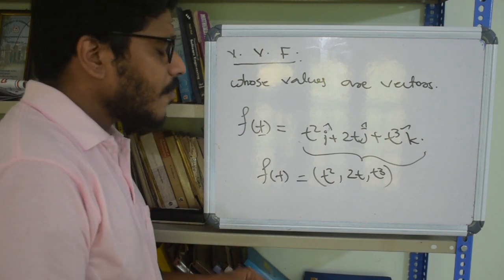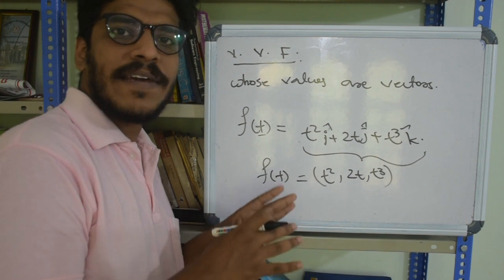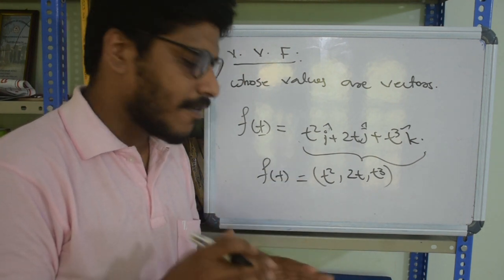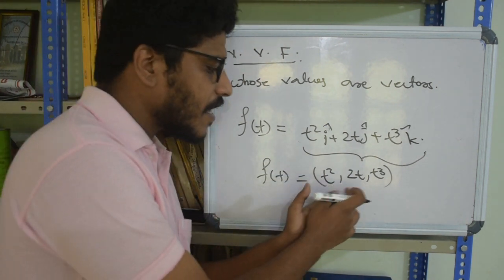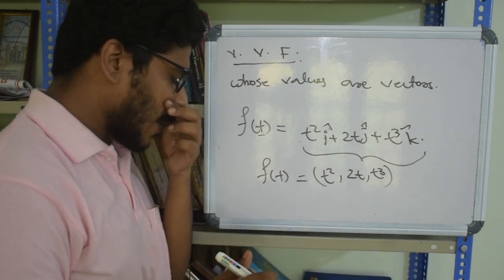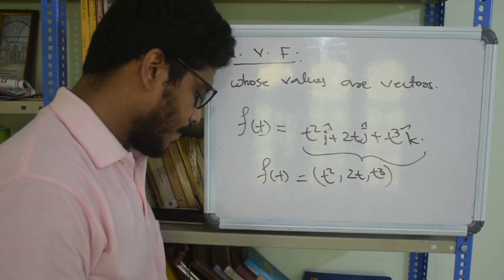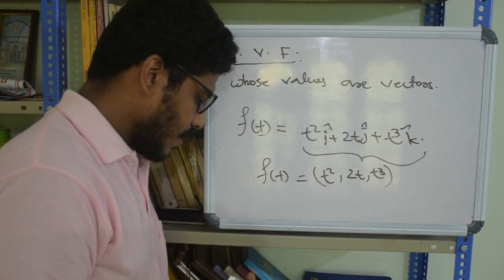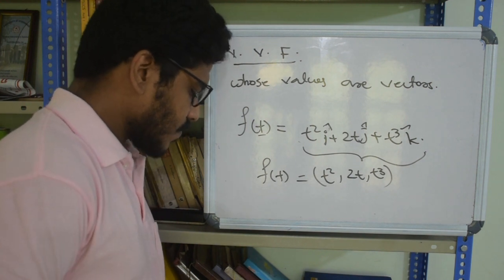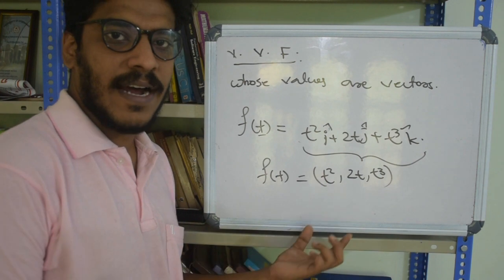So if you try to plot this in a graph, how do we plot it? We have 3 coordinates here, so we need at least 3 dimensions to plot a point from this graph.